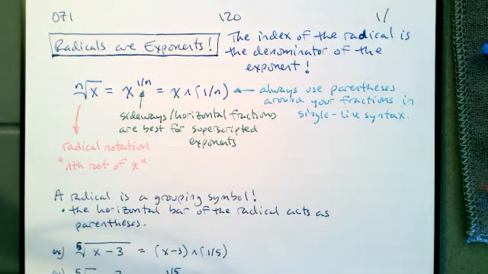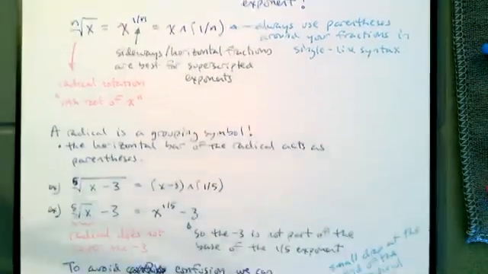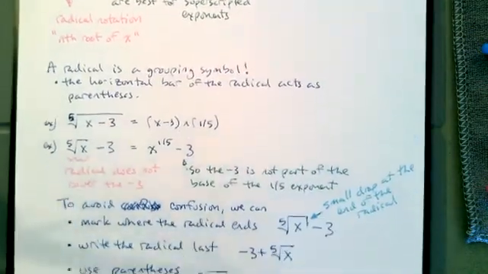We write that with an exponent 1 over n because the index of the radical is the denominator of the exponent. We want to understand that the radical is a grouping symbol, that the horizontal bar acts as a set of parentheses to tell us what the base of the fraction exponent is. What is the radicand of the radical?